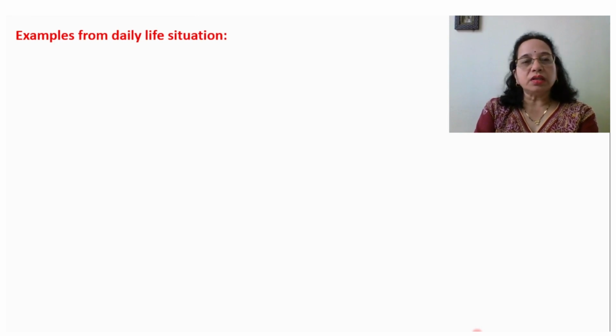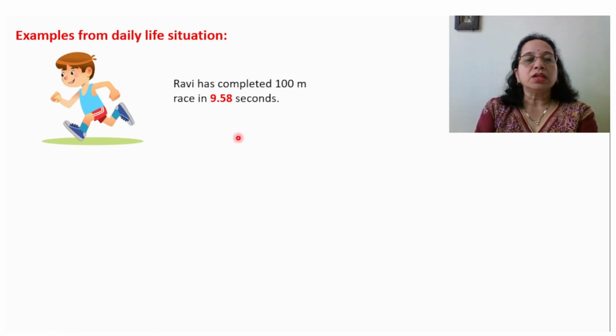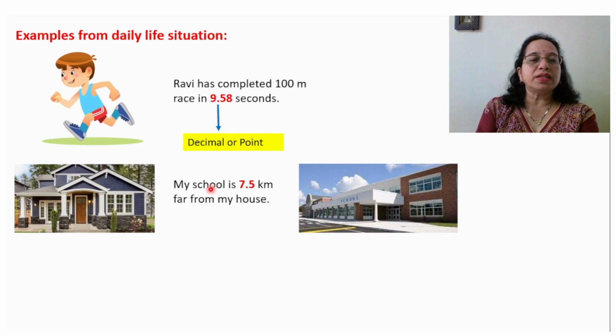Now we will see the use of decimals in our daily life. It means every time we use these examples. Take the first example. The boy is running. Ravi has completed a 100-meter race in 9.58 seconds. This is known as a decimal or point. Take one more example.